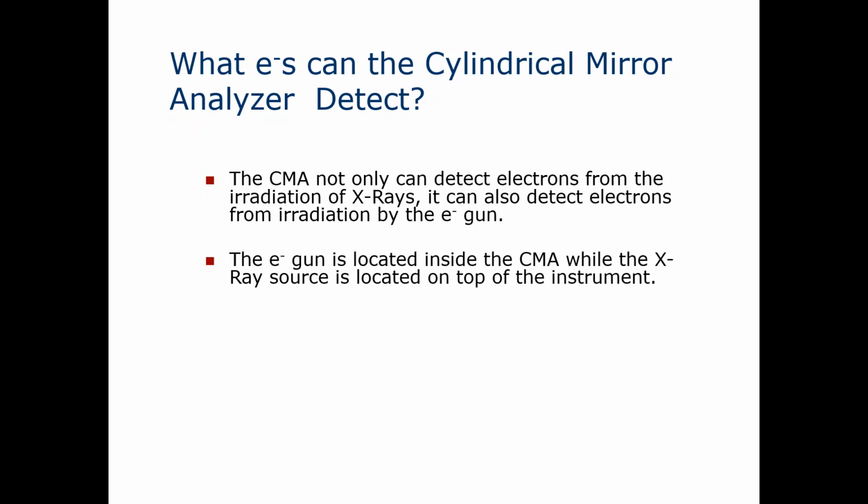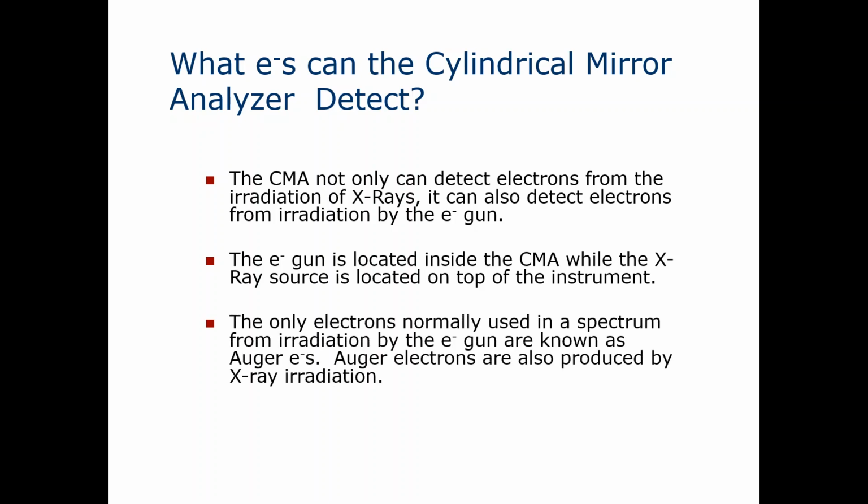We have shown that already in the previous lecture while discussing the structure and the inside of the XPS instrument, where the CMA and the electron gun are located.